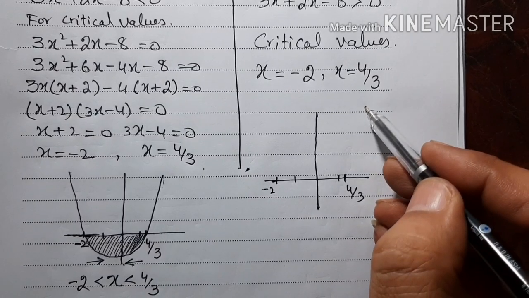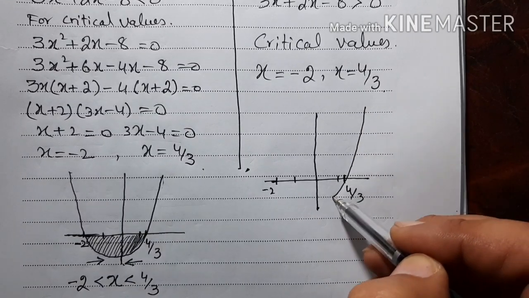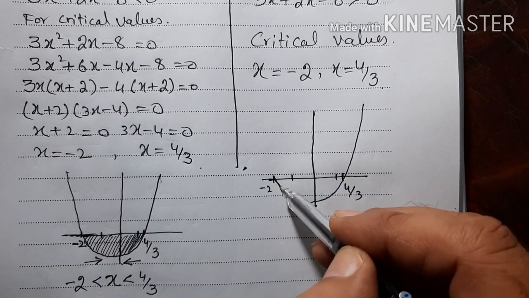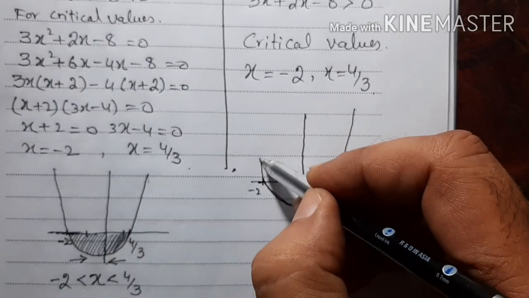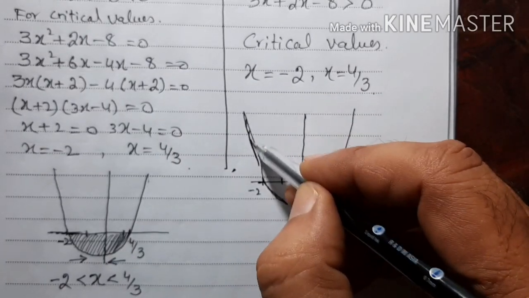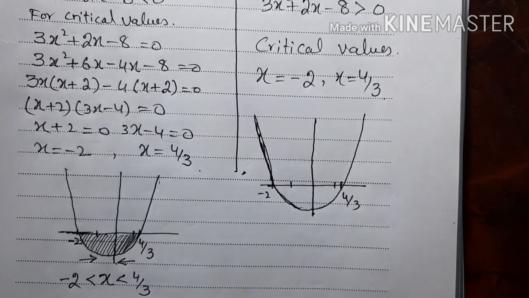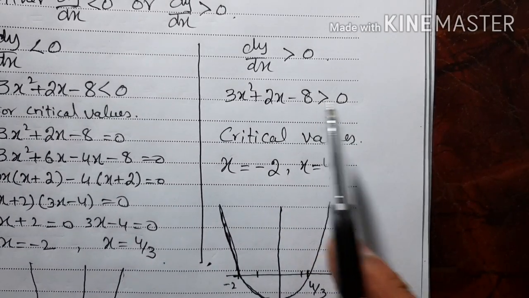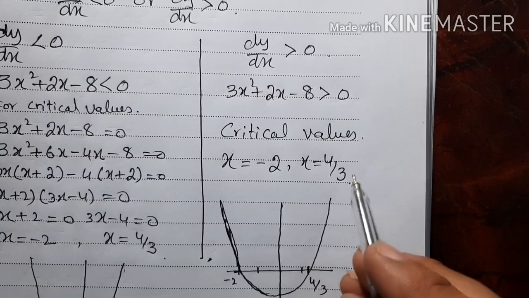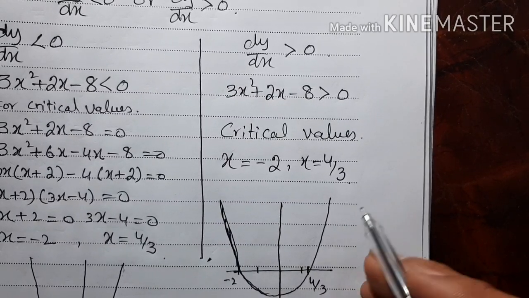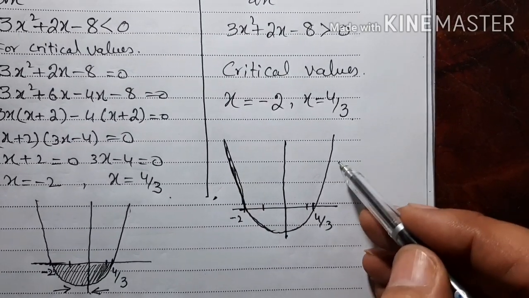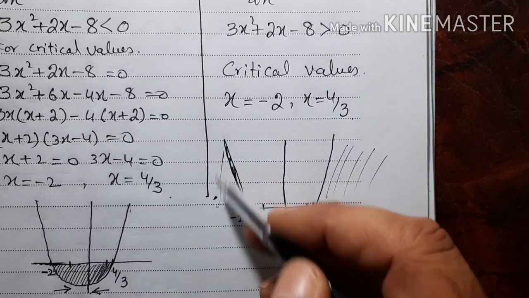So it is again a cup shaped parabola because the coefficient of x square is positive. Now it is greater than 0, it means the answer region is above the x-axis, means this one is our answer region.